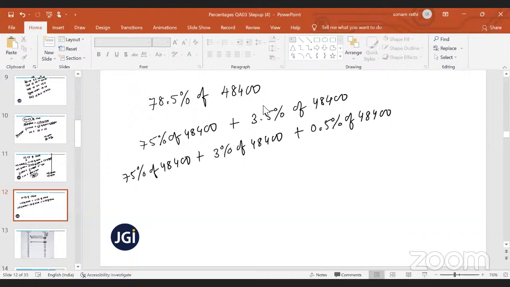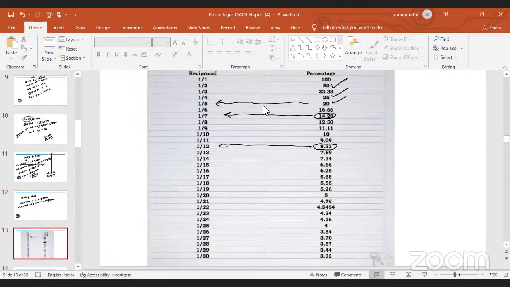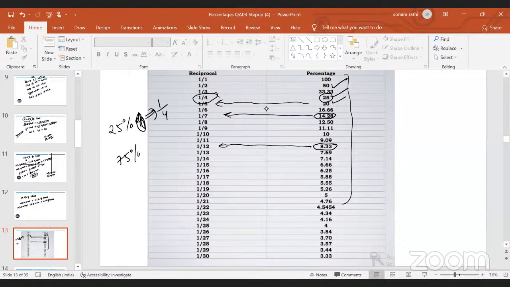Is 75% given to you? Check in your list. Do you have 75%? No. But you can remember over here that 25% is 1 by 4. 75% is 3 by 4. Remember it. Into 3 this side, into 3 this side.